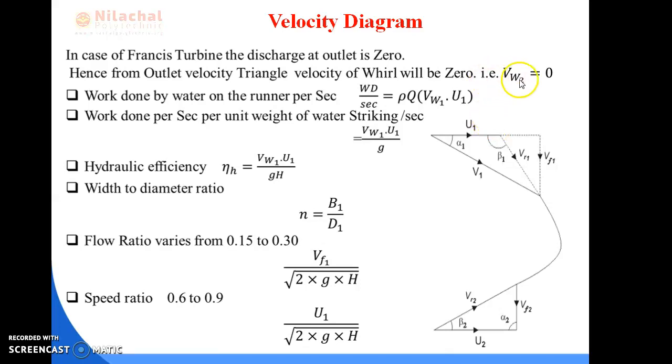While VW2 is 0, we have work done per second equal to rho Q VW1 U1. If we calculate work done per second per unit weight of water striking per second, that is equal to VW1 U1 by g. Efficiency eta H is equal to VW1 U1 by gH. So here we have to find out the width ratio, n equal to B1 by D1.